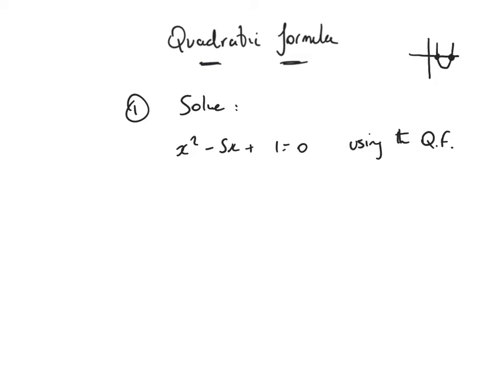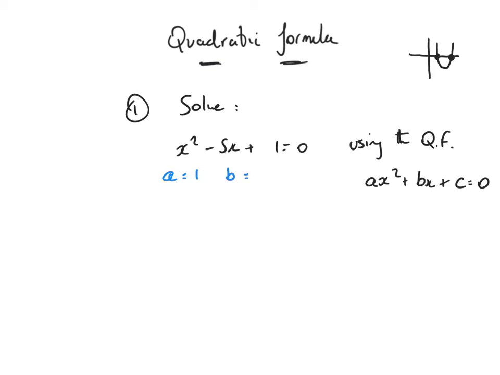Okay, first of all we need to identify a, b and c, because remember that we're thinking about this in terms of the thing being written in the form ax squared plus bx plus c equals 0, so a being the coefficient, the thing that's attached to x squared, b being the coefficient, the thing that's attached to x, and c being the rest. So a is 1.